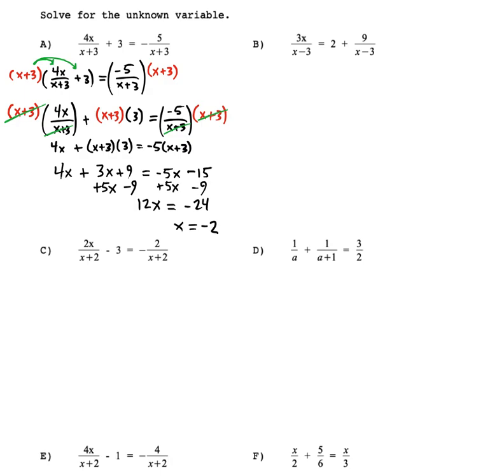Now we should check our solution, so plug the negative 2 back into the original equation just to verify that it really does hold true. Let's see.